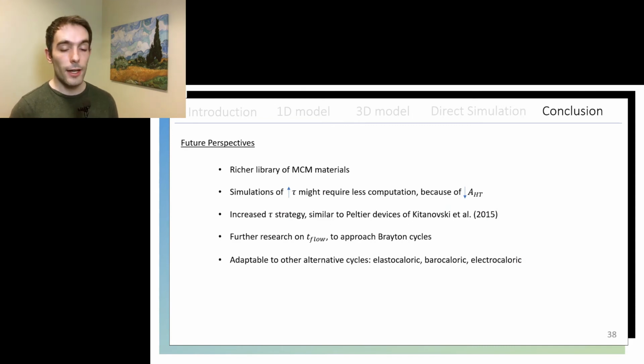We could investigate as well the surge times of these cycles to try to approximate them to a Brayton cycle. And we could adapt this three-dimensional model that I presented to other alternative refrigeration systems like elastocaloric, barocaloric or electrocaloric systems by just implementing the resolution of the new physical field that drives these phenomena.